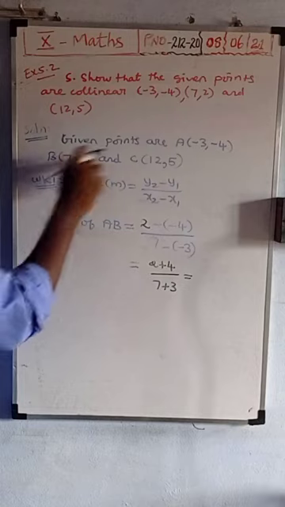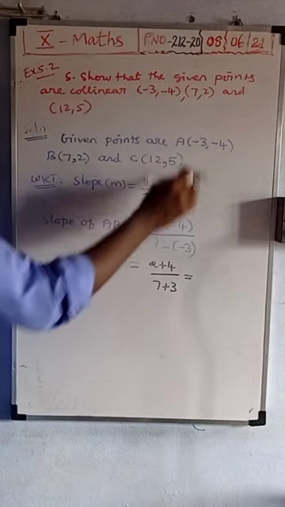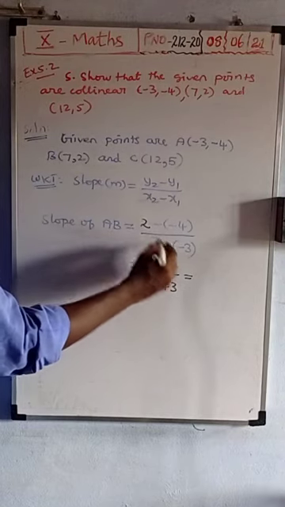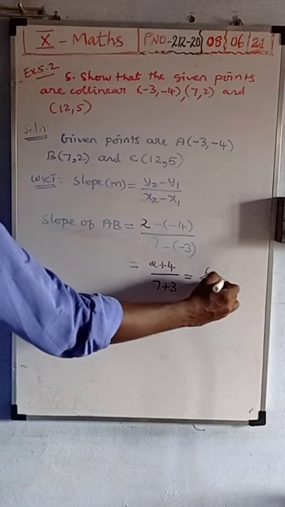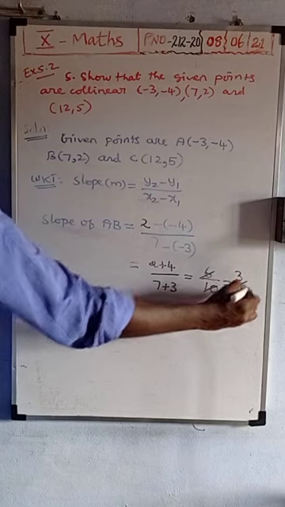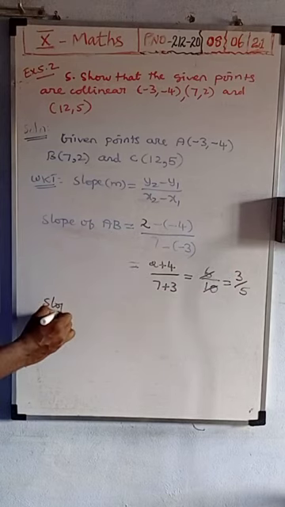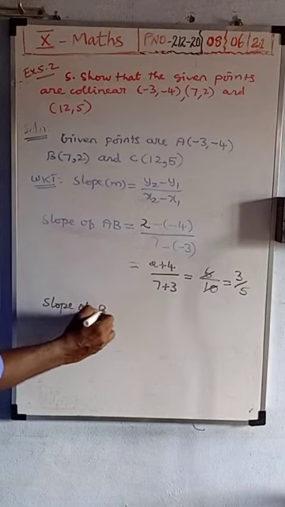So 2 minus of minus 4, over 7 minus of minus 3. Minus into minus is plus, so 2 plus 4 is 6, divided by 7 plus 3 is 10. Cancel, and we get 3/5. Next, choose the slope of BC.